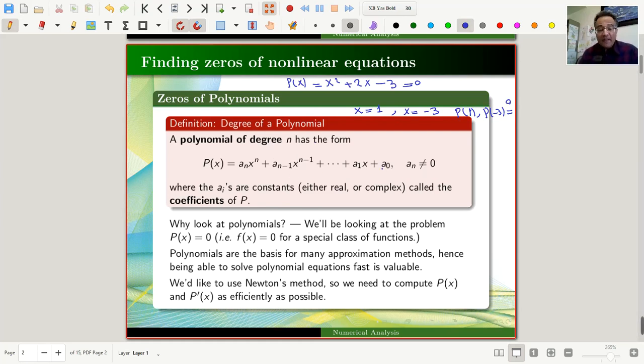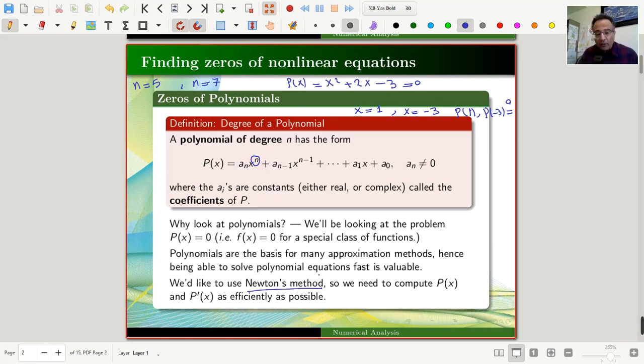But if the degree of a polynomial is more than 2, for example, n equal to 5 or n equal to 7, then we cannot find the roots of the polynomial directly. So we have to use an iterative method, for example, Newton method.